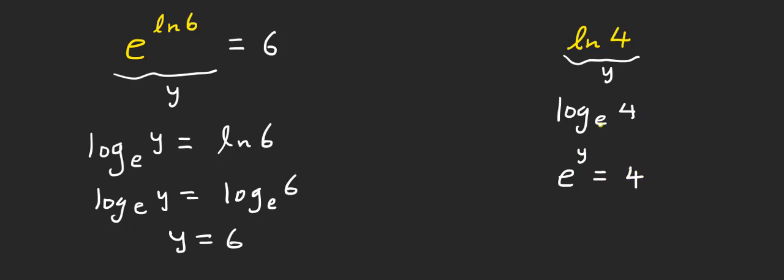If you change it to exponential form, this is what you get. Now, in order to solve this, you need to have the same base. Either change e in terms of base 4 or change 4 in terms of base e. But that is very difficult to do. So what we need to do is use our calculator here. So natural log of 4 is approximately 1.39. So this one you have to use your calculator to evaluate.